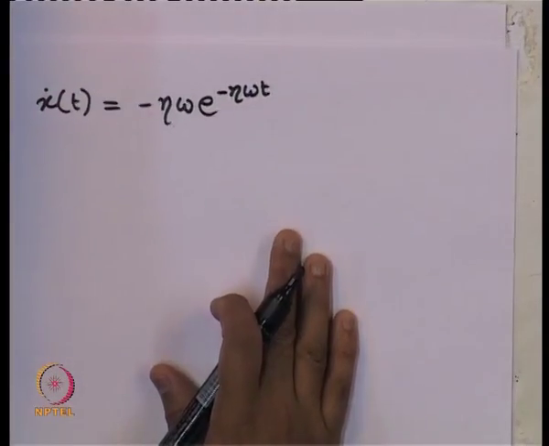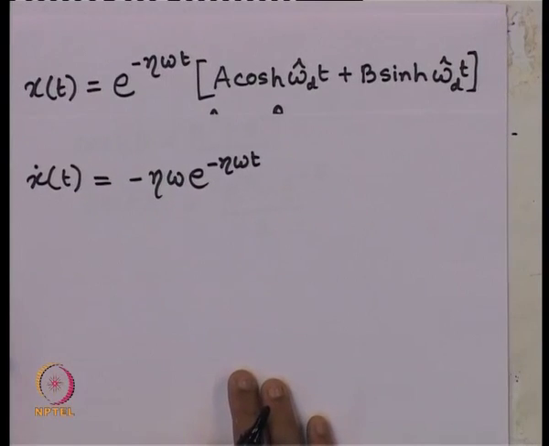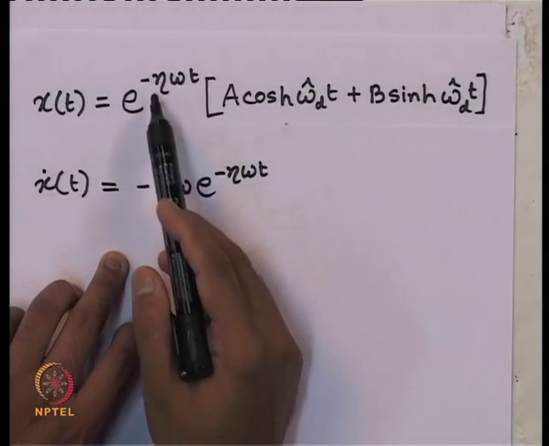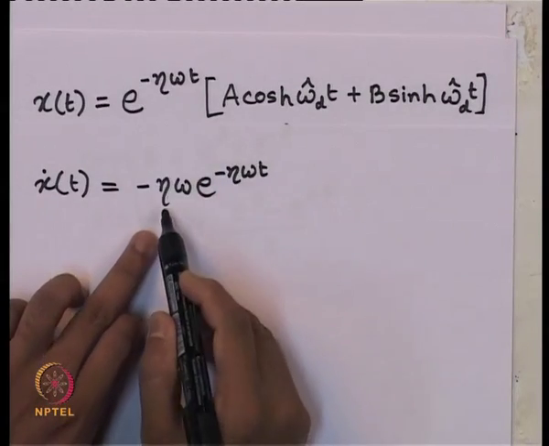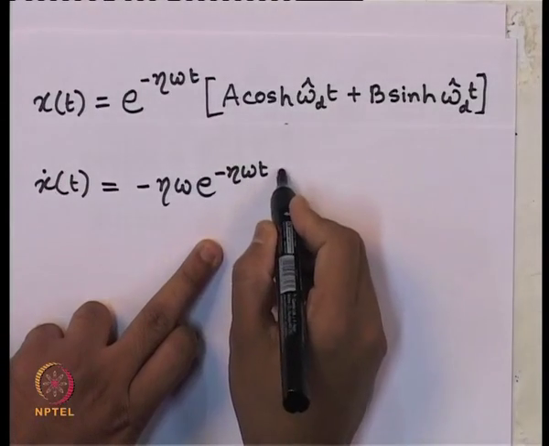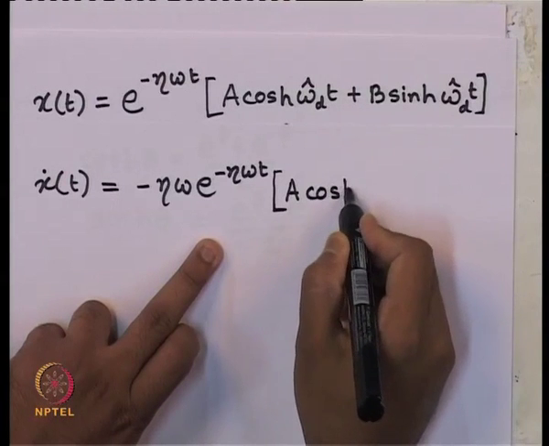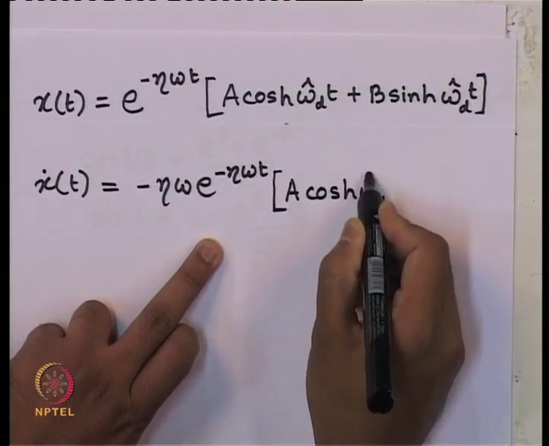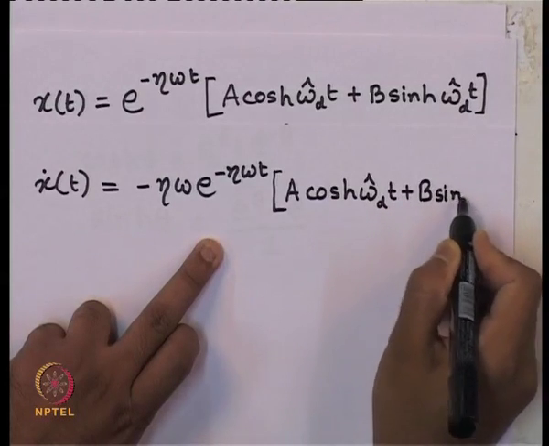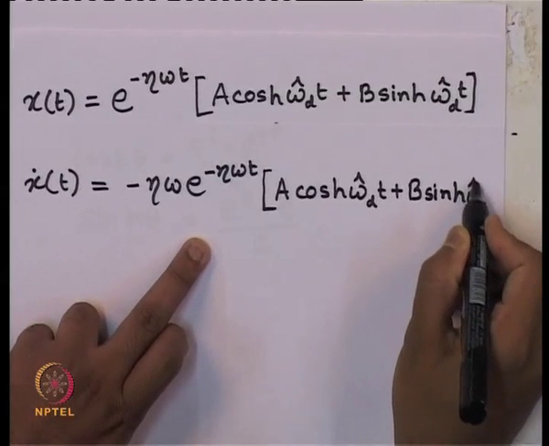Let me put the function here, so that it will be easy to follow. First I am differentiating this function: minus eta omega e to the power minus eta omega t times this, which remains as it is, a cosine hyperbolic omega d cap t plus b sine hyperbolic omega d cap t.